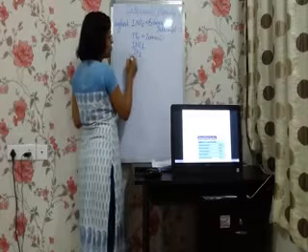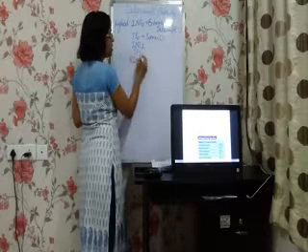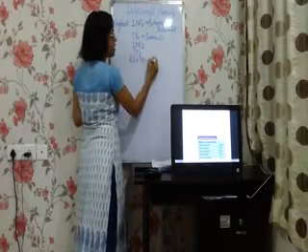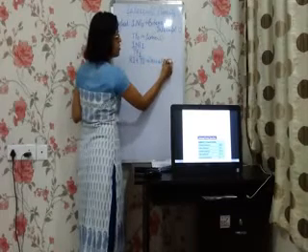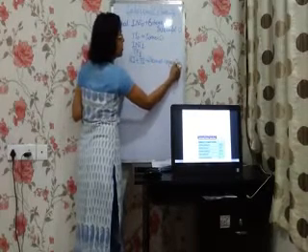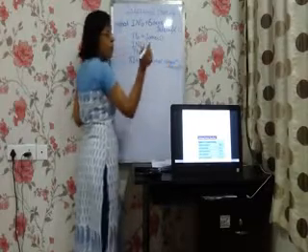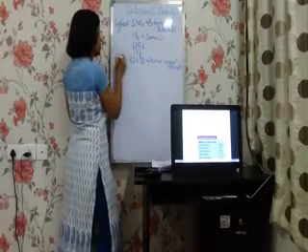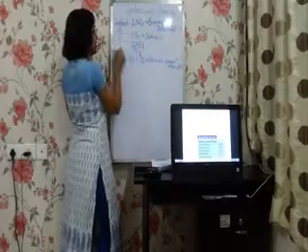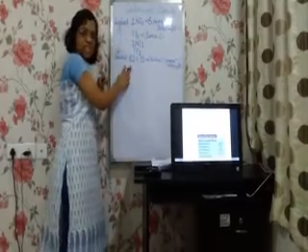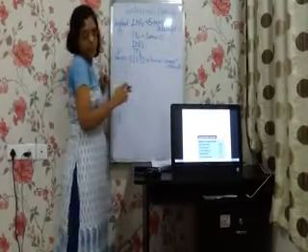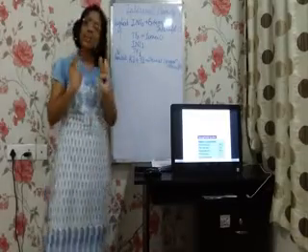Last priority is given to the serial communication interrupt. So the serial communication interrupt is given the last priority by the system upon reset. That means the lowest priority is given to RI plus TI and the highest priority is given to INT 0. This is decided upon reset.